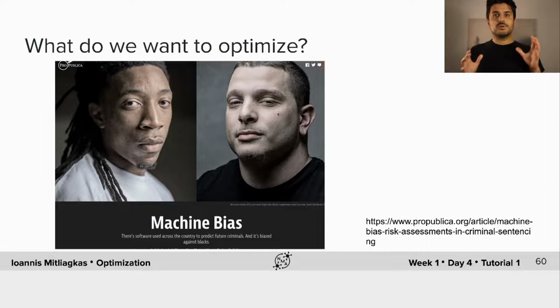So someone appears in front of a judge for sentencing, and they have these automated systems as the first step of the process, which will assign risk scores. Okay, so the accused has a risk score of 9 out of 10 or 3 out of 10.